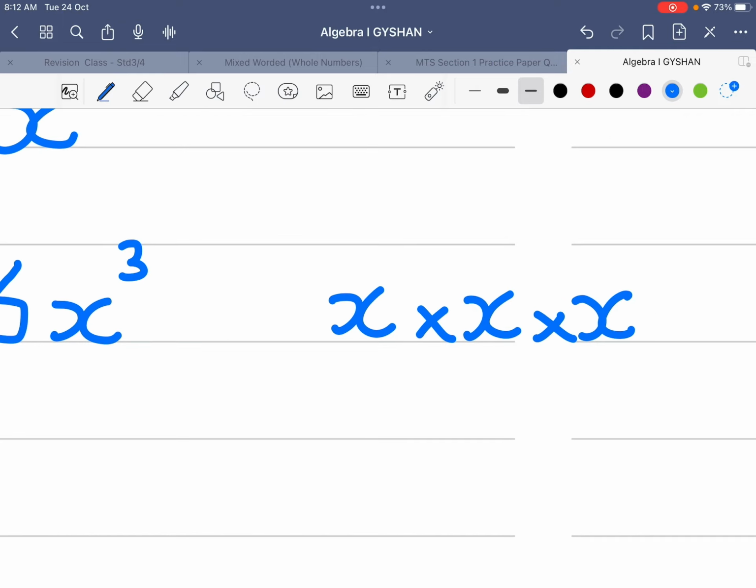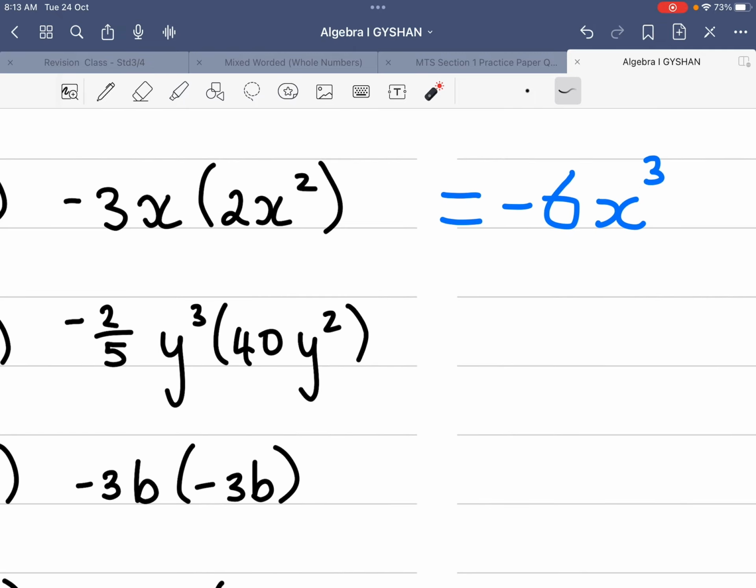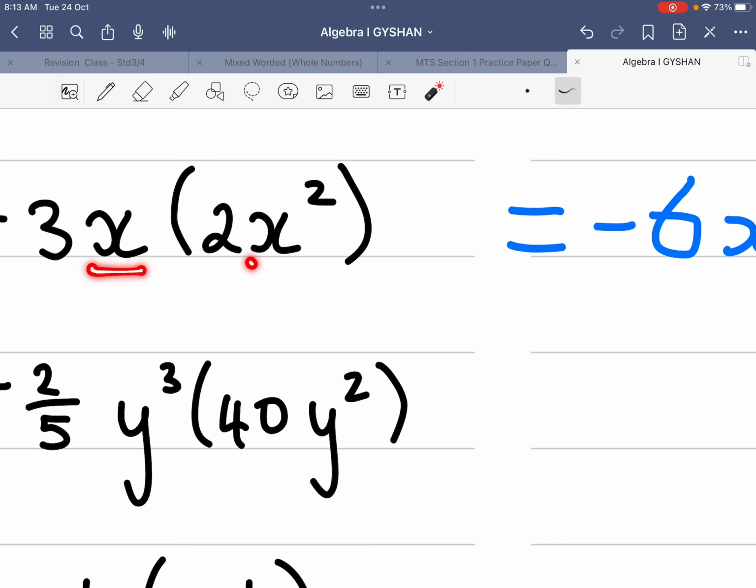So since we have x being multiplied by itself 3 times, that will give you x cubed. Or in other words, if we have the same base, meaning both of them have x, we can add the indices. 1 plus 2 is equal to 3. So that's x to the power of 3.